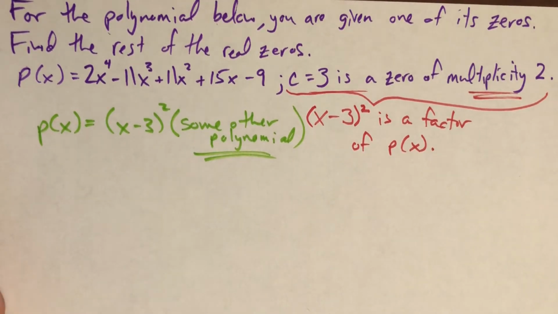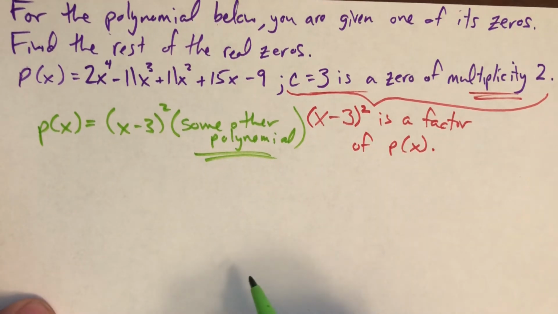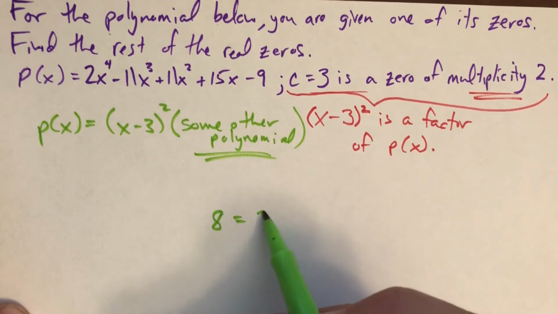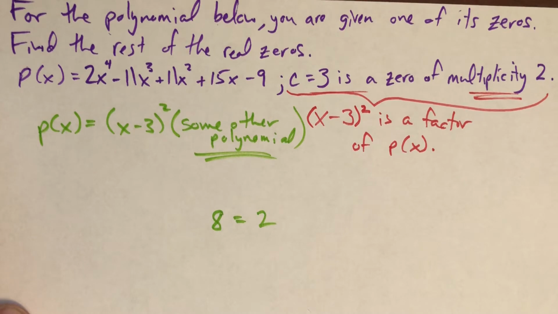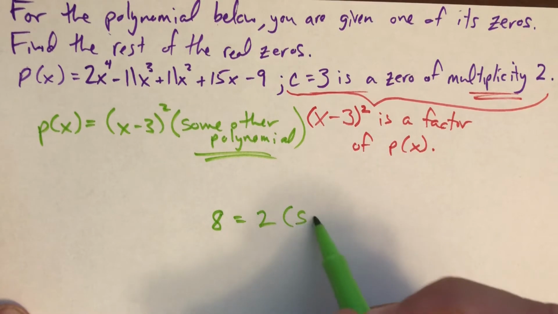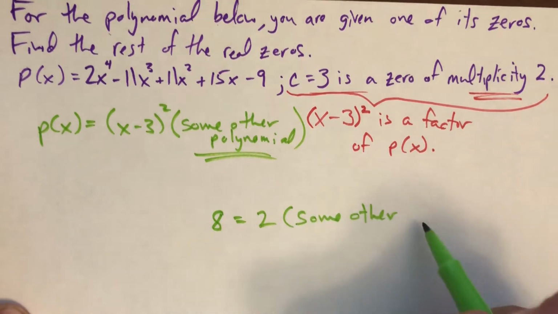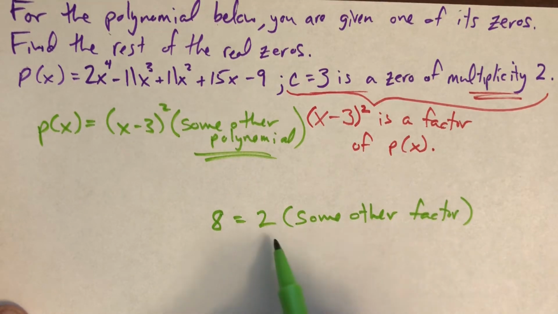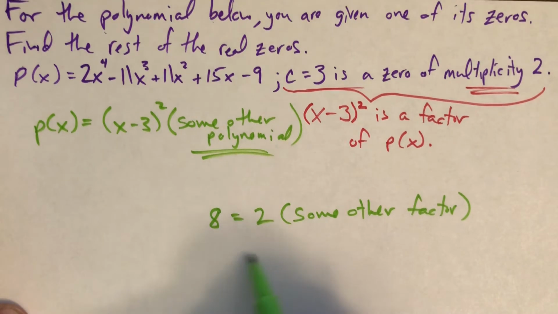So we can maybe think about this with numbers. If I've got 8, and I know some known factor of 8, say 2, well, we can find the other factor just by dividing by 2, right?